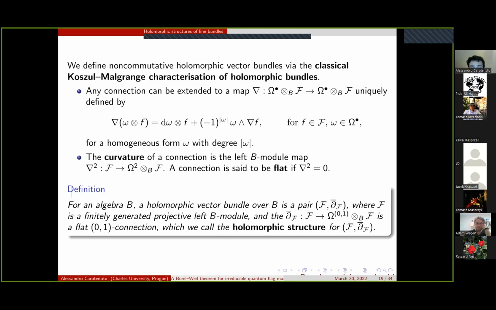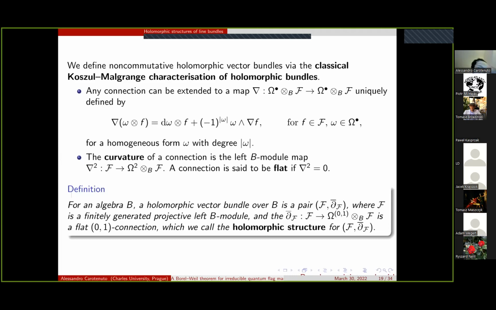So this means that simply you have the Dolbeault complex. Mm-hmm. And this is your definition of a holomorphic structure. Yes, this is my definition. So this flatness refers only to this del bar, not to the whole connection. Yes. Okay, thank you.